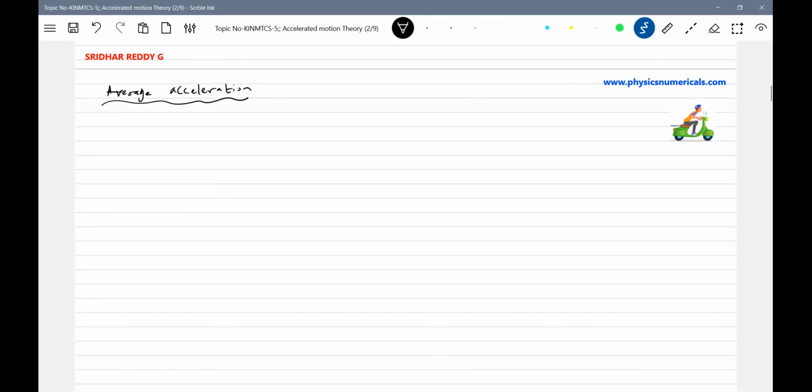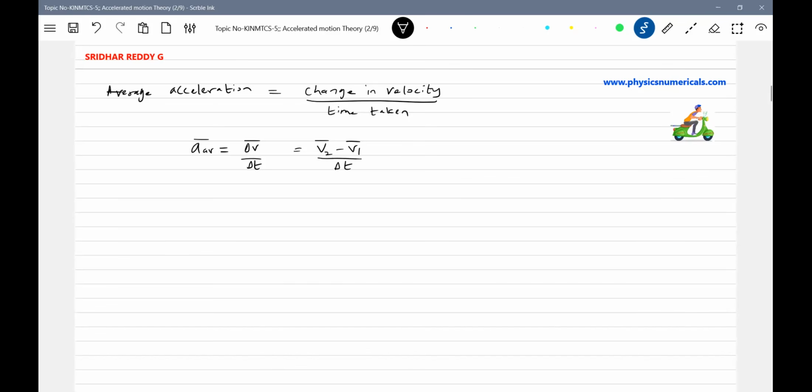Average acceleration, how we define this: change in velocity by time taken. So this will become a average is equal to delta V bar by delta T. Change in velocity is telling altogether. You can write it as V2 bar minus V1 bar by delta T.